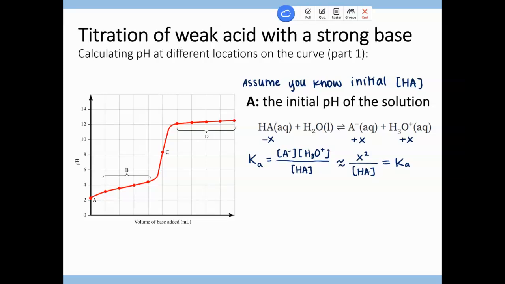We're going to be deriving an equation at the bottom. That's the key equation that you'll use at this point. Remember, we're trying to calculate pH, so we need the H3O+ concentration. At equilibrium, that's equal to X. So we can rearrange this equation, assuming we know Ka as well. X squared equals Ka times the concentration of HA, and so X equals the square root of that.